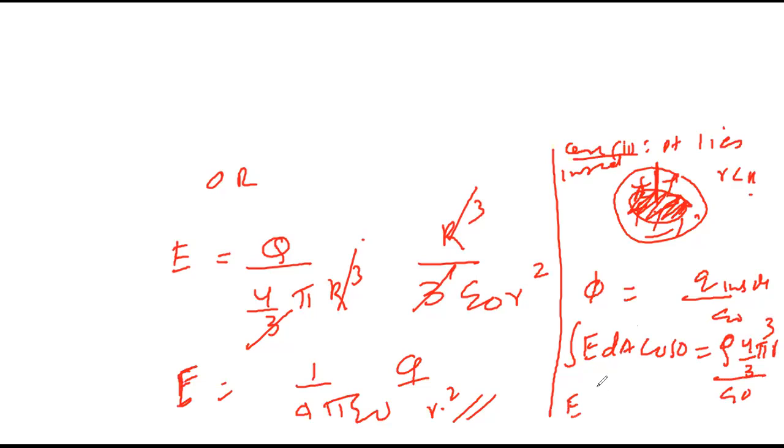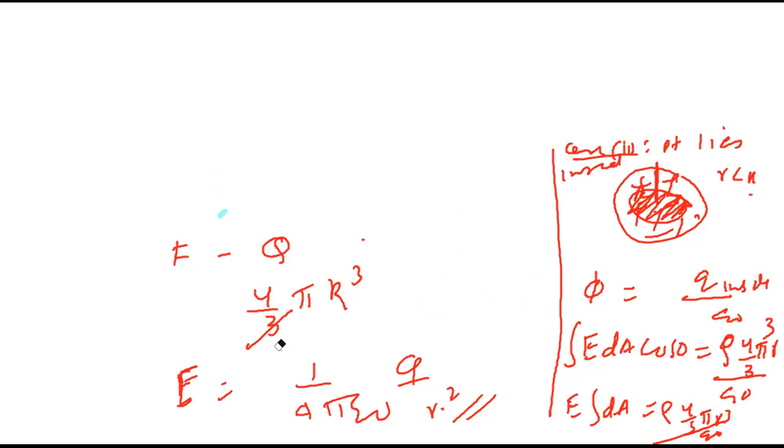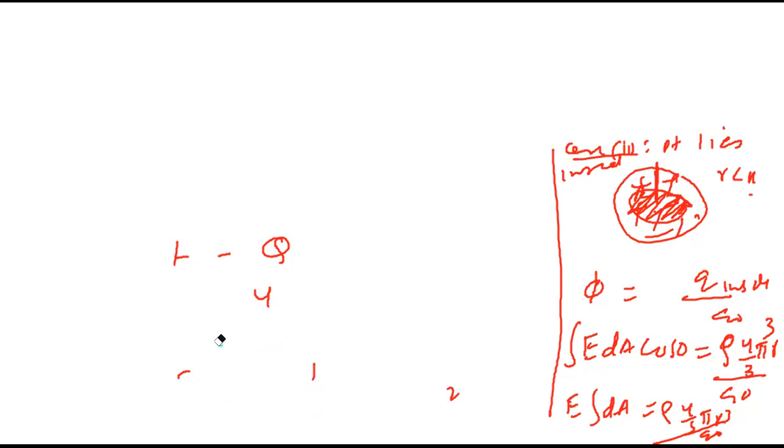So this is E into area dA, equals rho 4 by 3 pi r cube upon epsilon naught. Today only, write once again in the rough notebook, then the formula will be clear in your mind. Because in entrance we are not interested in derivation, we are interested in knowing the formula and application of the formula. Now E into dA, which area will you take? The Gaussian one, which is 4 pi r square, correct na?